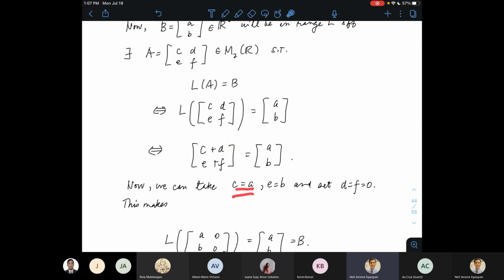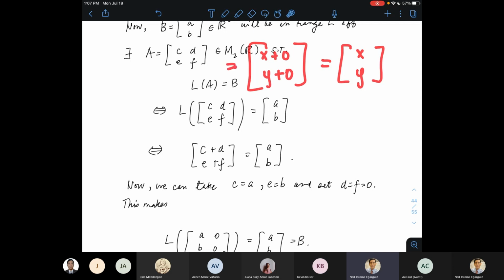Well, I can take c equal to a, e equal to b, and then d and f equal to 0. So pag kumuha ka ng isang (x, y) dun sa codomain, pwede ko siyang isulat as (x plus 0, y plus 0). And then this will be basically the image under L ng (x 0, y 0). Okay? So that means any element in the codomain can be written as the image of an element of the domain under L. So therefore, the range of L is the entire vector space R squared.